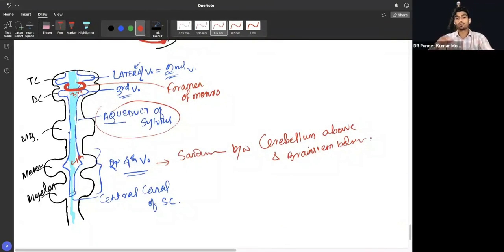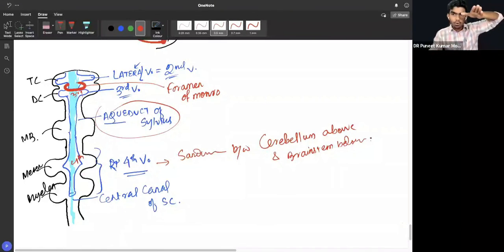And look, your fourth ventricle is present in the dorsum of your body, and your brainstem is present anteriorly, and on the dorsum of the brainstem is your cerebellum. Your cerebellum is present posteriorly. Okay, and in between the brainstem and the cerebellum is your fourth ventricle.